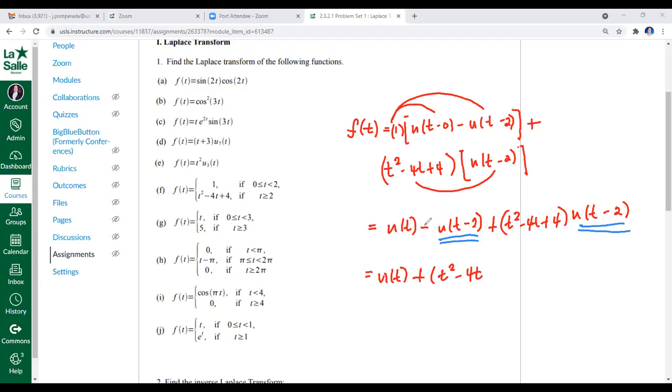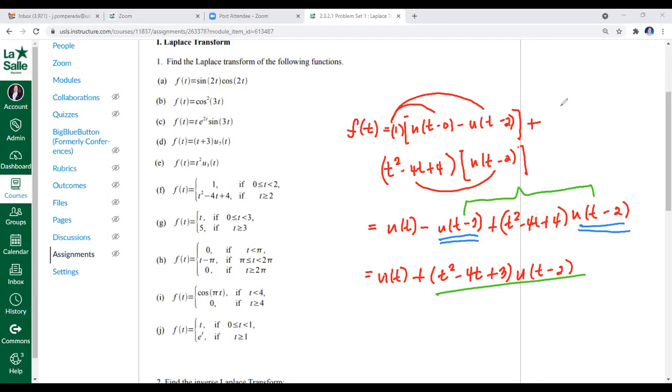So a 4 minus 1 would be a 3. So I'll place here a 3. Then I affix u of t minus 2. It's like I have combined terms 2 and 3 into this. Do you get it?